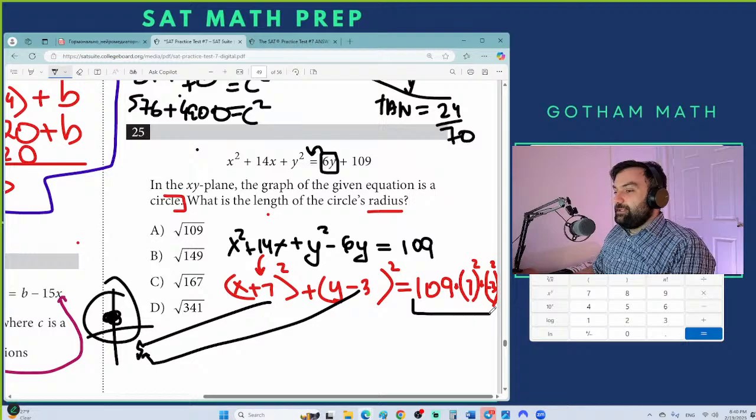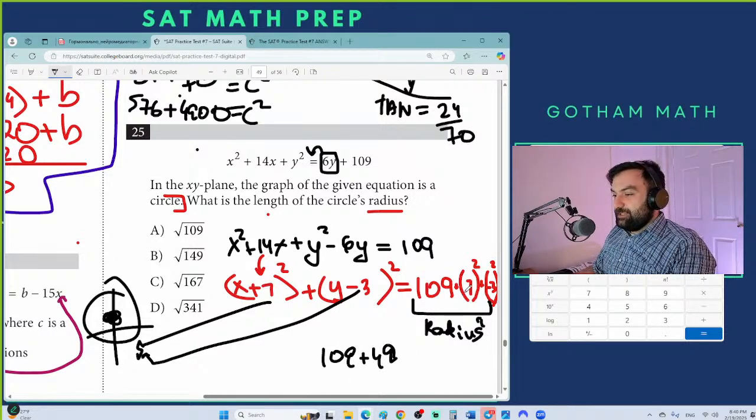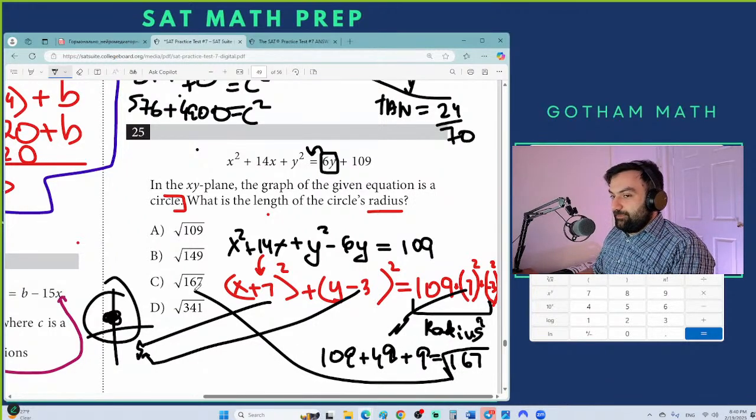But the radius part is on this side. This is radius squared, actually. So 109 plus 49, because 7 squared is 49, plus 9 equals 167. But since it's radius squared, we square root it and leave it, because that's already the answer.